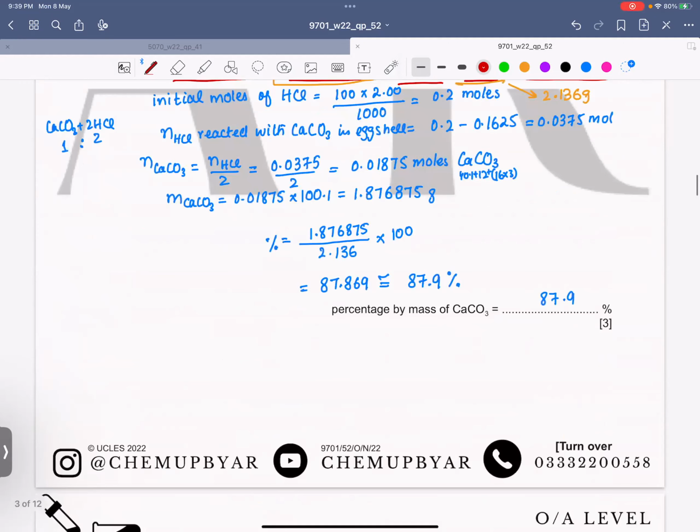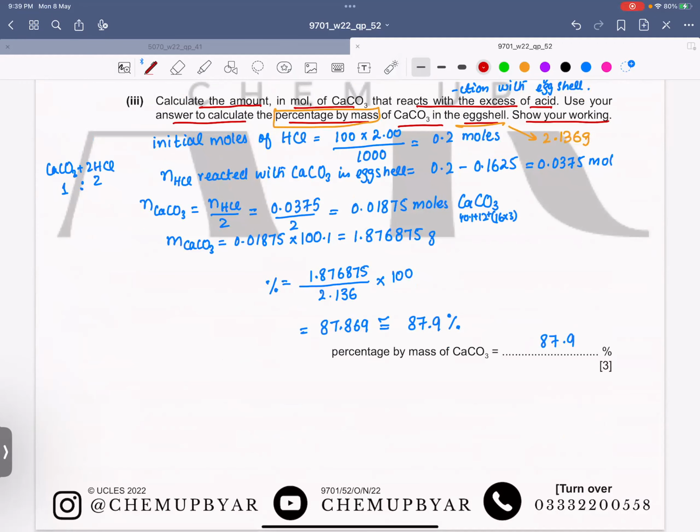So, if the eggshell is not completely dried, then instead of this value, there must be a greater value than this one, right? Is this understandable? Because this is the value that we have recorded from the balance. So if it's not completely dried, we have a little greater value than this, but this value remains the same because only the calcium carbonate is going to react with the acid, so it doesn't change, but the total mass would change.